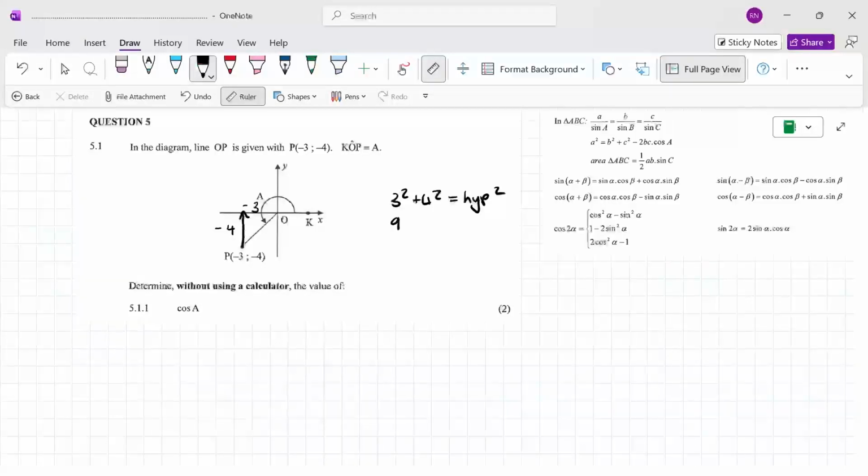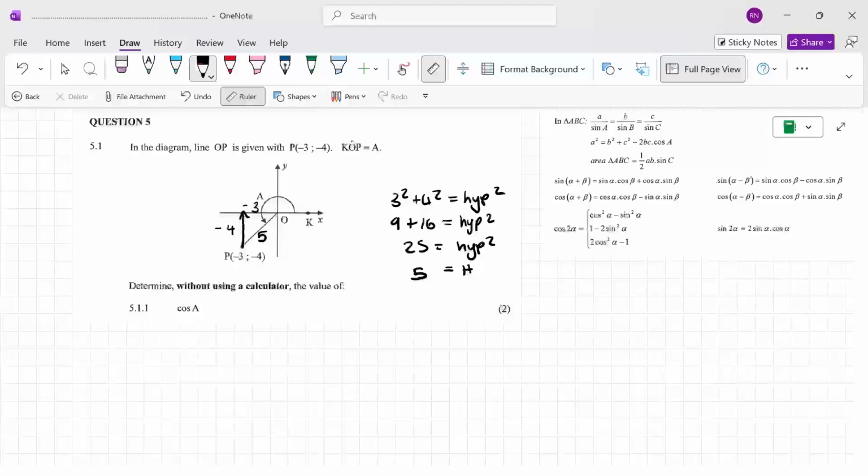This gives you 9 plus 16 is equal to the hypotenuse squared, and so 25 is equal to the hypotenuse squared. So your hypotenuse is going to be equal to 5. And your hypotenuse is always positive, no matter where in the quadrant it is on your Cartesian plane.